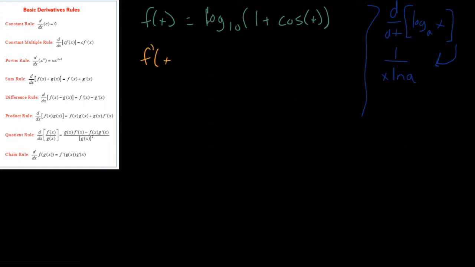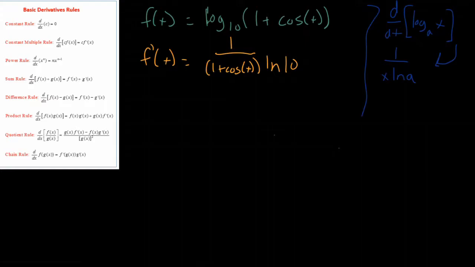We have f prime of x equal to, and if we follow our formula, 1 is going to be on the top. We know our x is going to be equal to 1 plus cosine x, so we have a 1 plus cosine x here. And we also then have to multiply by our ln a, which is just going to be ln 10.